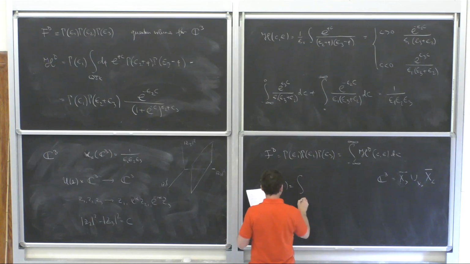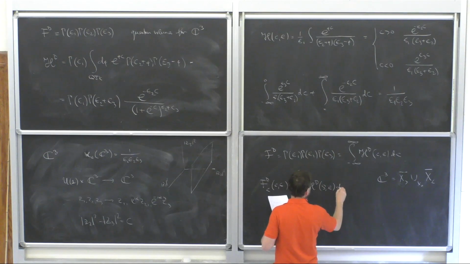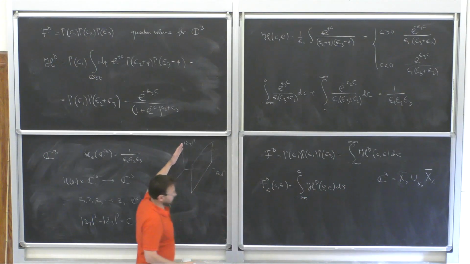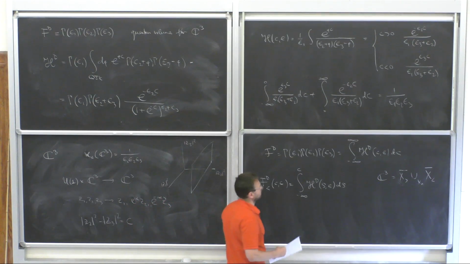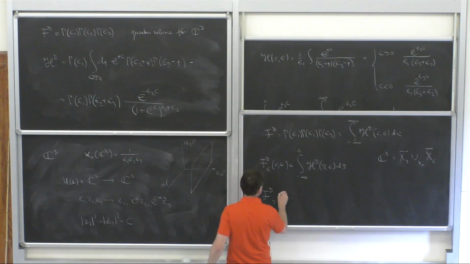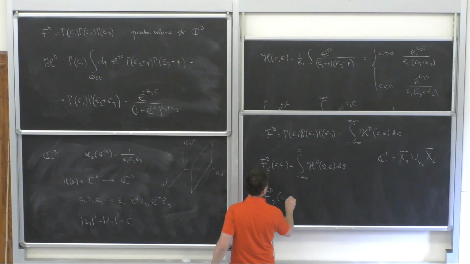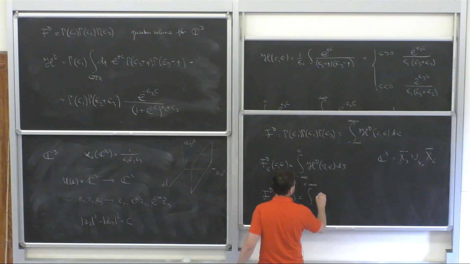So I will write for you the integral from minus infinity to C of h_D, s, epsilon, ds. So I'm dragging the plane only from C to minus infinity, and I get this object. And then, of course, I can do it in the opposite way, from C to plus infinity, and have this integral.